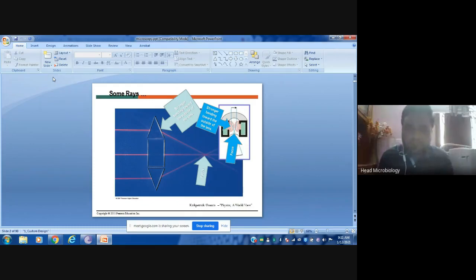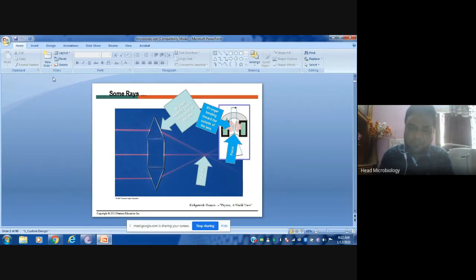There are some properties, something called transmission. What is transmission? If light is passing through the lens, entering and going out the other side, it is called transmission. And there is something called absorption. What is absorption?